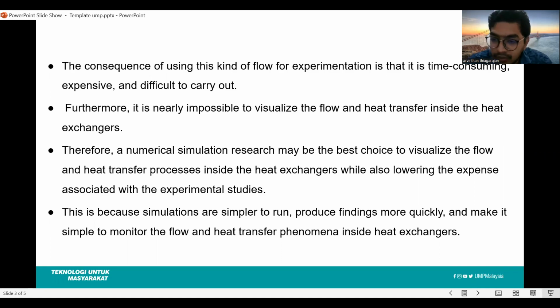Therefore, numerical solution research may be the best choice to visualize the flow and heat transfer process inside a heat exchanger while also lowering the expense associated with experimental studies. The simulations are simpler to run, produce findings more quickly, and make it simple to monitor the flow and heat transfer phenomena inside the heat exchanger.